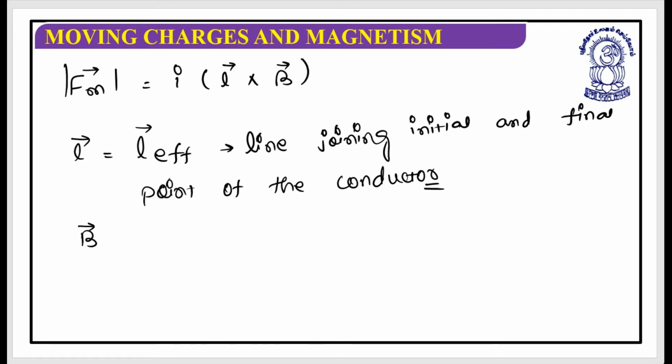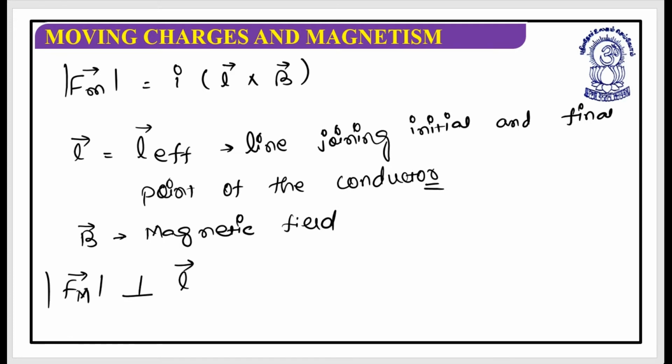B is the magnetic field. And one more thing, this Fm would always be perpendicular to the length element, as well as always perpendicular to the magnetic field, and its direction is by the left hand rule.